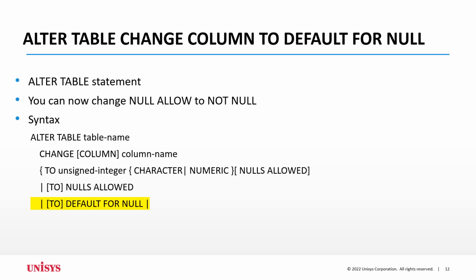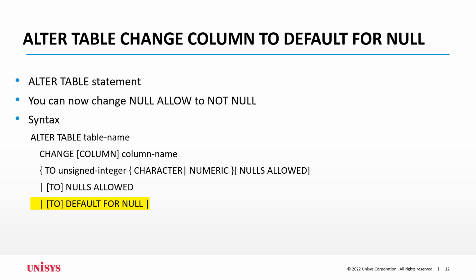The ALTER TABLE statement is used to change some of the characteristics of a base table. These changes can include modifying column size, renaming columns, adding or dropping constraints. This feature allows you to change the semantics of the column from null allowed to not null.